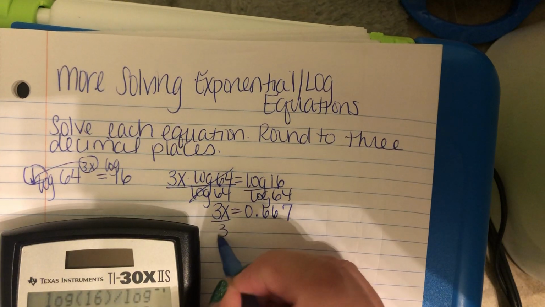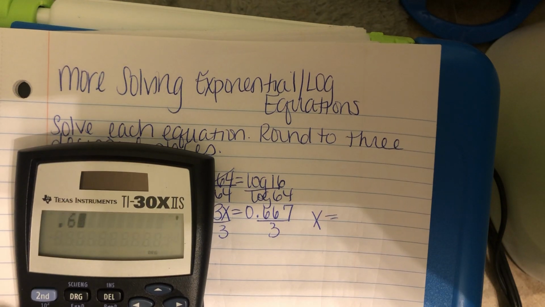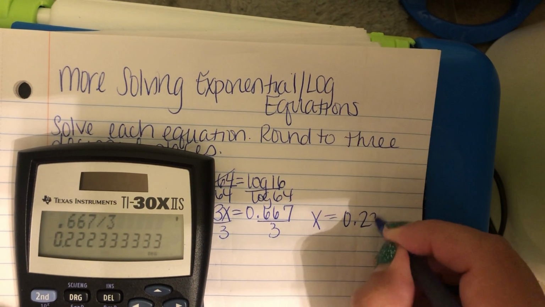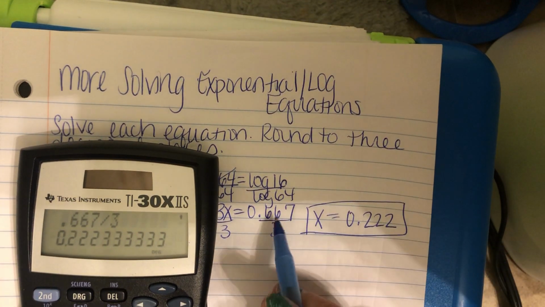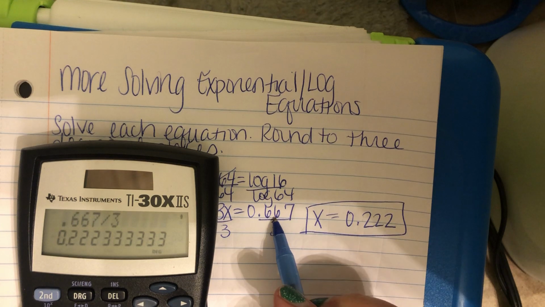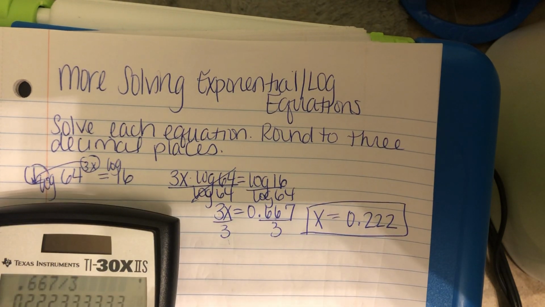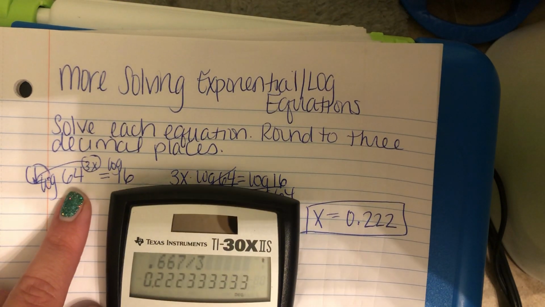And then I'll divide by 3. So 0.667 divided by 3, I got 0.222. And I know that 0.6 repeating is 2/3, but it wasn't going to be an even number anyway, so we just divided by 3. And that is it.